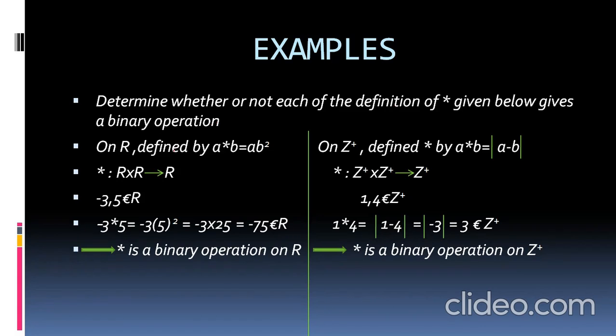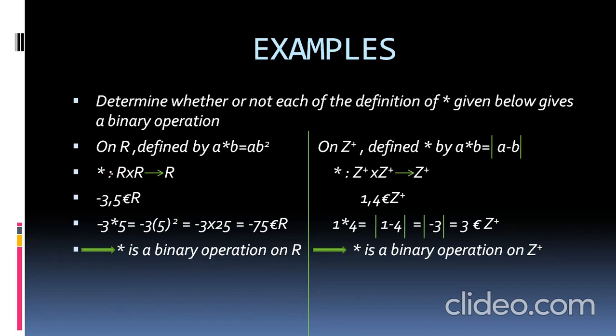In the first example, star is defined on the set of real numbers by a star b equal to a b square. If we apply star on two numbers, what we get is a into b square. So let us check whether it is a binary operation or not.